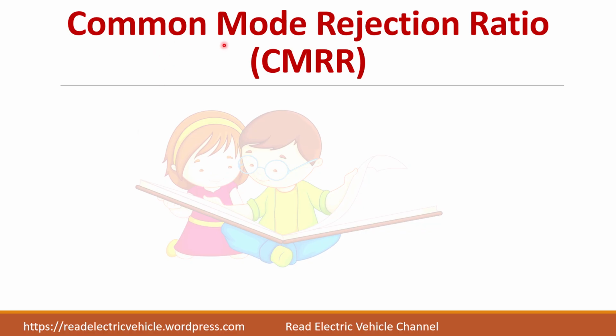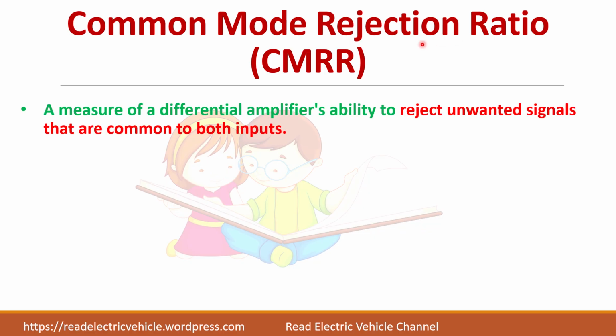This is an important topic which you should know if you are using an op amp, which is called the common mode rejection ratio. As the name says, common mode means common signal. Rejection means how it rejects the common mode signal. Okay. So this CMRR, it is actually a measure of an op amp to reject the unwanted signals that are common to both the inputs.